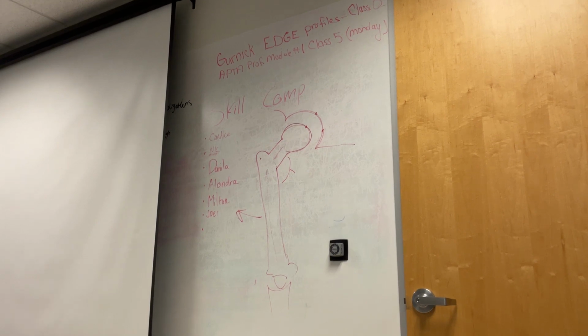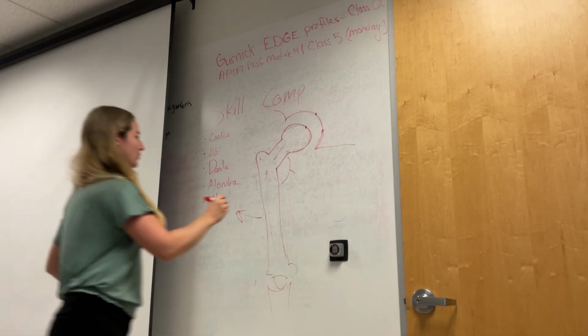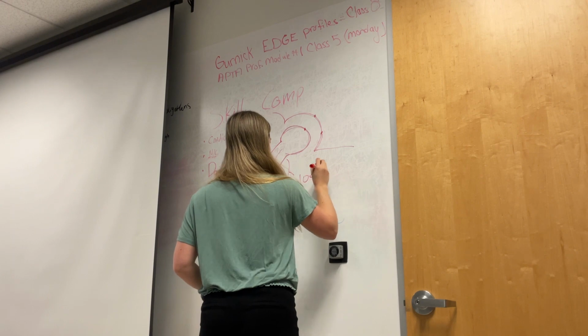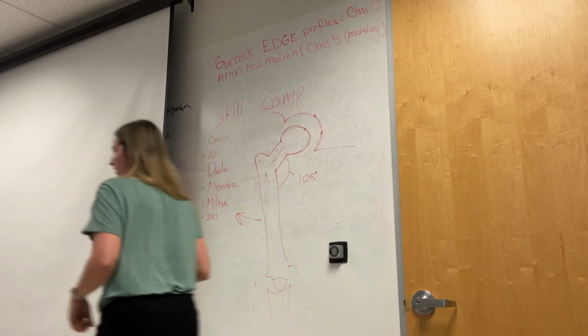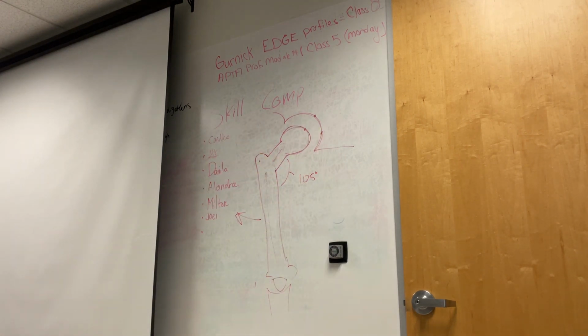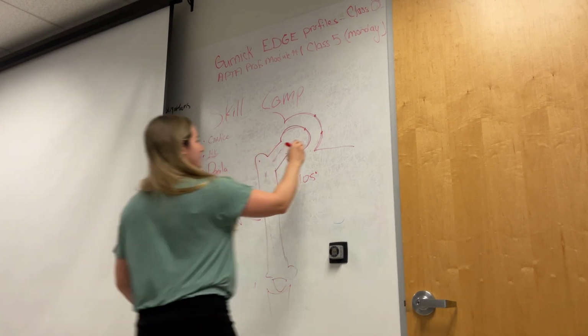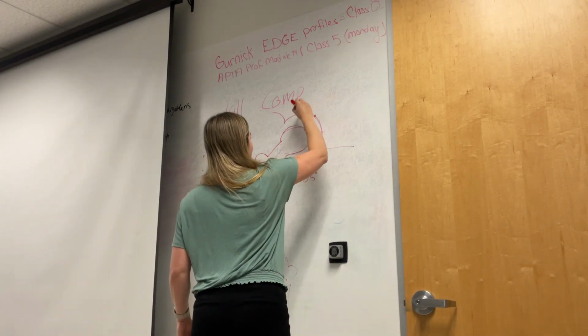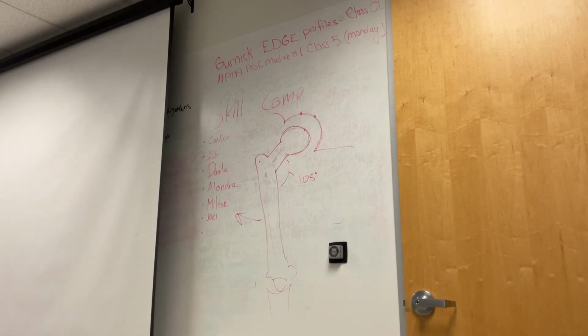If this angle is smaller, that means, oh, I drew the dot on the wrong side, that's why. There we go. If that angle is smaller, that changes the position of the femoral head in the acetabulum, which means I have to adduct the thigh to bring it back into the center of the socket.